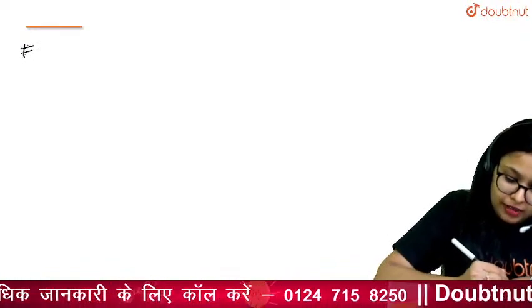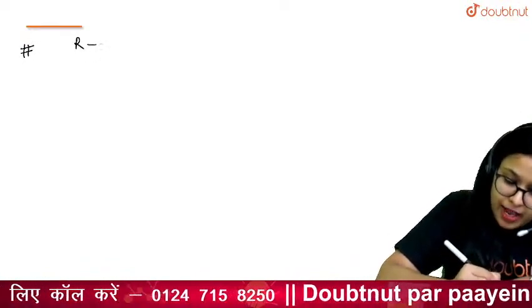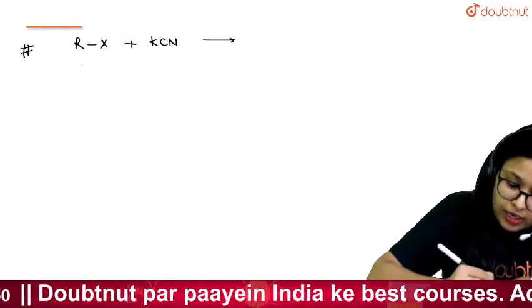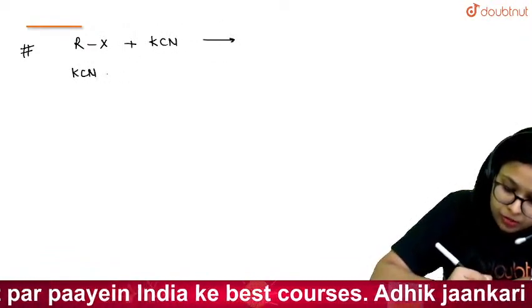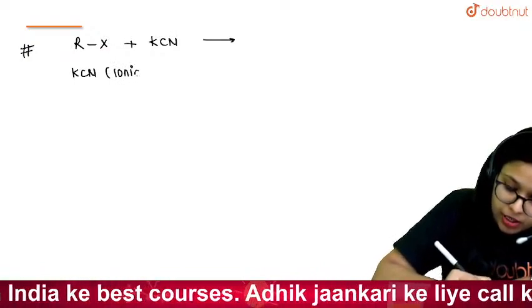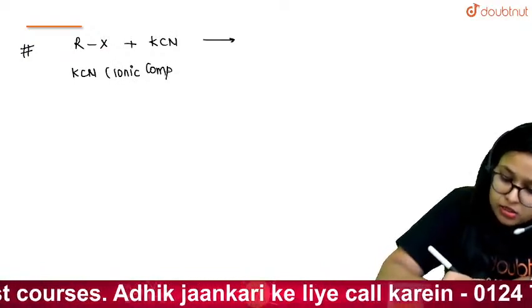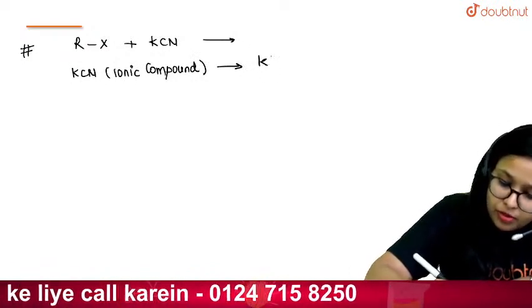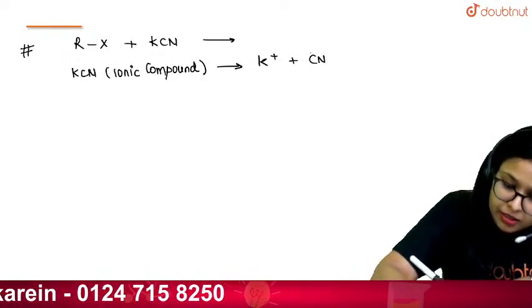And the story behind this is, if I am reacting haloalkane with KCN, you should know that KCN is an ionic compound. Whenever it is dissolved in water, it readily ionizes into K positive ion and CN minus ion.